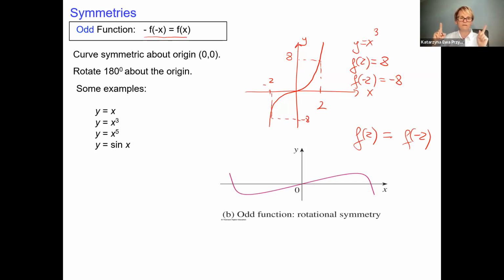No, that will be even. The value for 2 is the same as the value for negative 2. But I have to make it odd, negative. Because if this is 8, this is negative 8, with an extra negative it will make positive. This is negative 8, but I make them equal. That means just showing this. But we will not check this deeply. No, but we have to know.